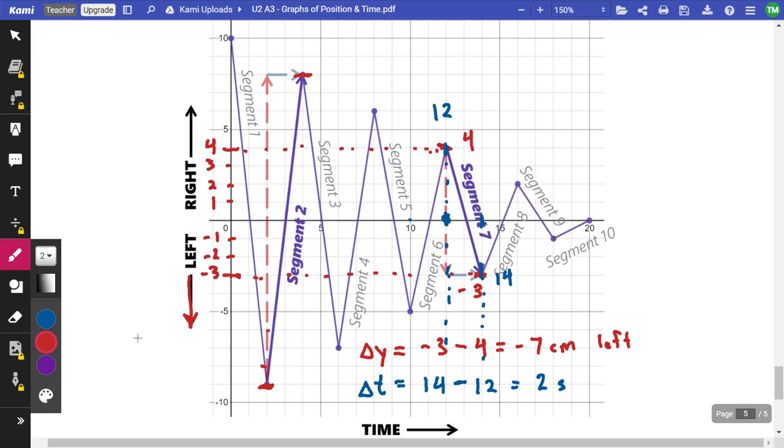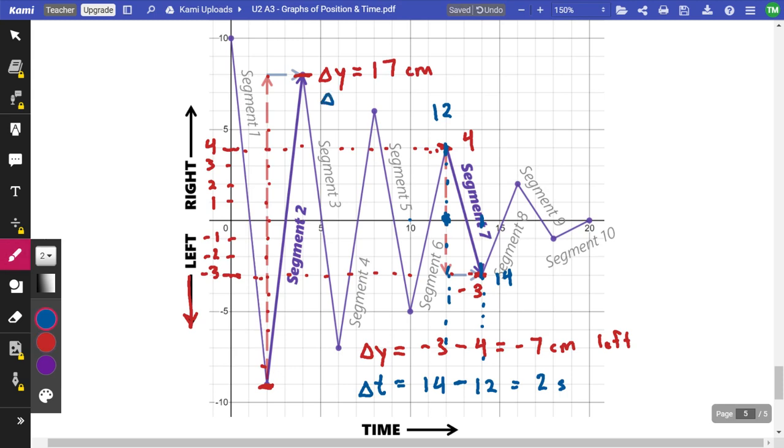So 1, 2, 3, 4, 5, 6, 7, 8, 9, 10, 11, 12, 13, 14, 15, 16, 17. I'm going 17 spots upwards. I'm going 17 centimeters upwards. So my delta y is a little bit easier to calculate on the graph because I could just count it out. It's going 17 centimeters. And since we're going up on this graph from beginning to end, it's going to be positive.